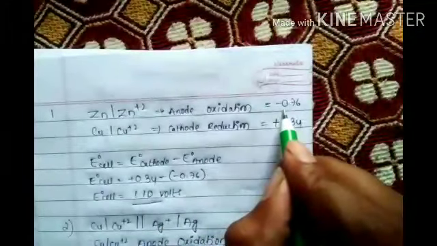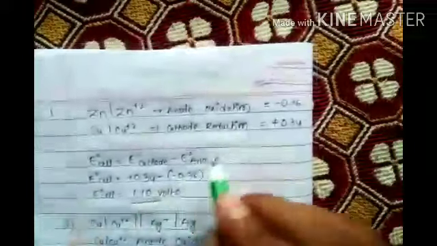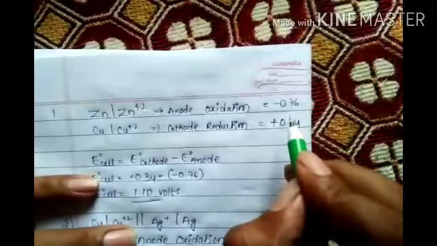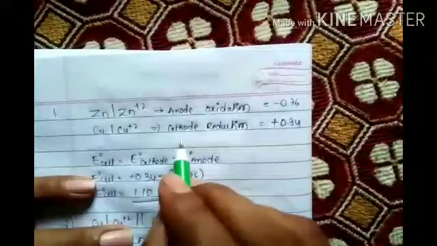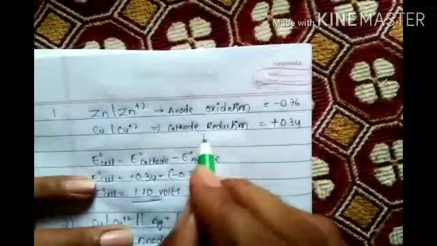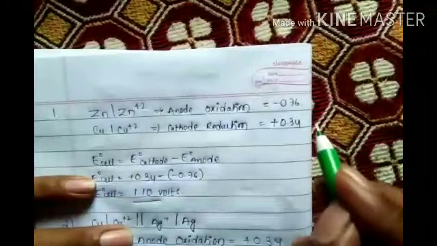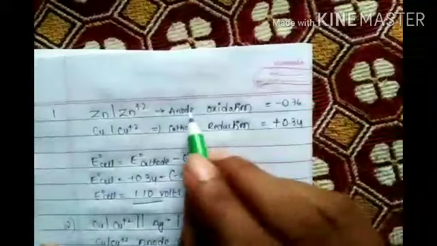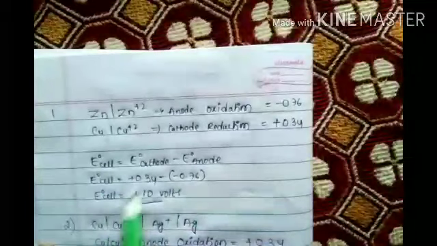Reduction potential equals minus oxidation potential, so minus 0.76. And copper at the cathode is plus 0.34 volts. So anode and cathode values are both done, right? Now E cell equals cathode minus anode. Cathode is what?